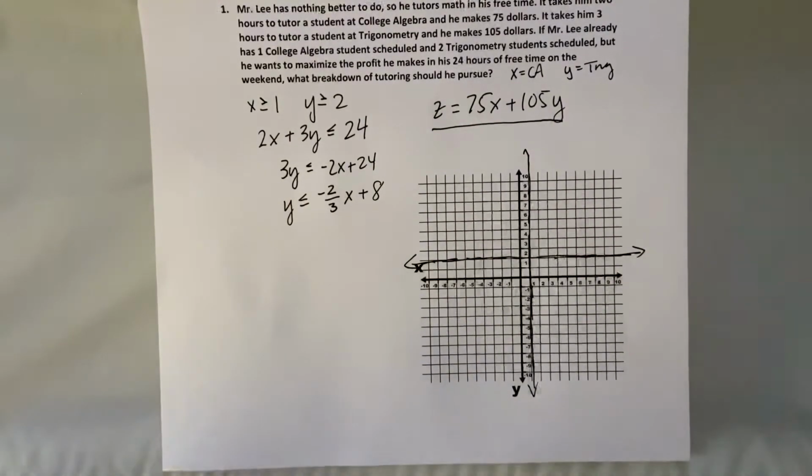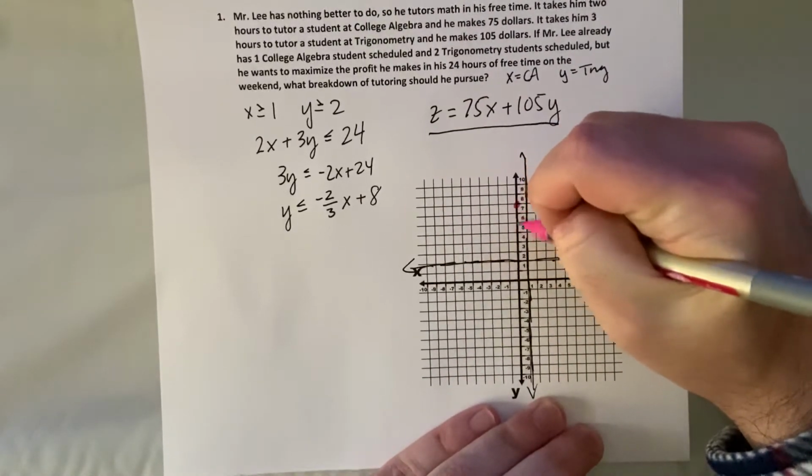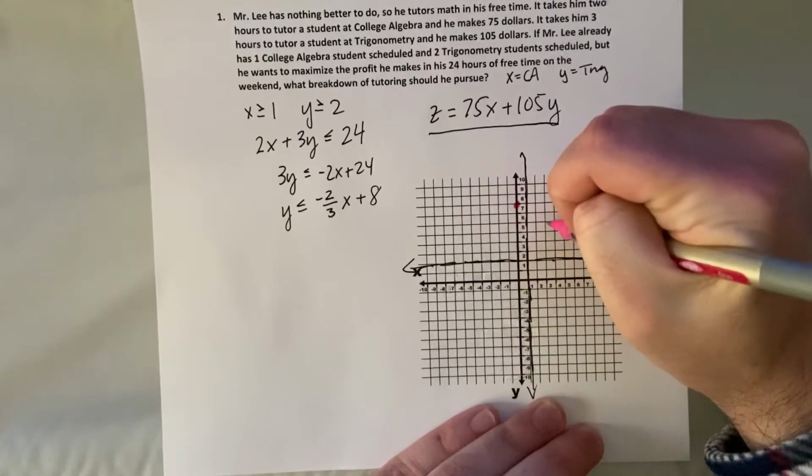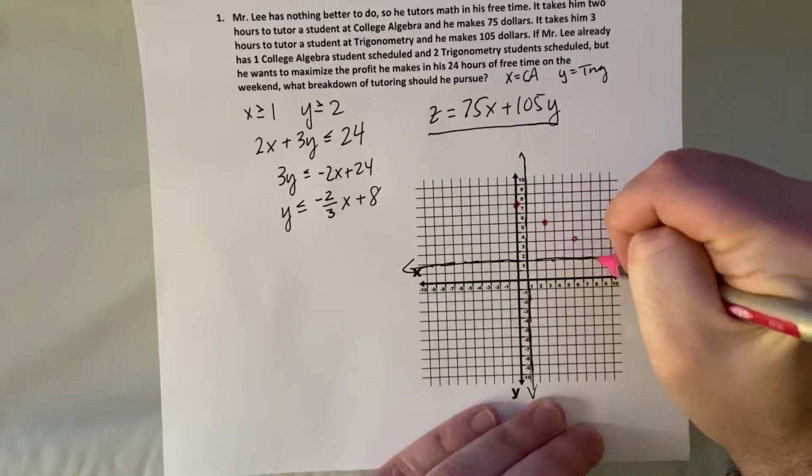So it looks like from a graph, we start at 8 and we go down 2 over 3, down 2 over 3, down 2 over 3.